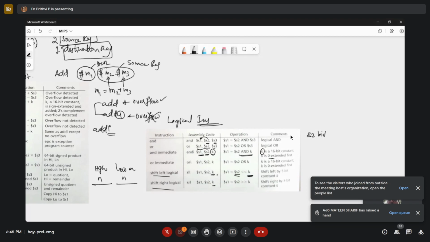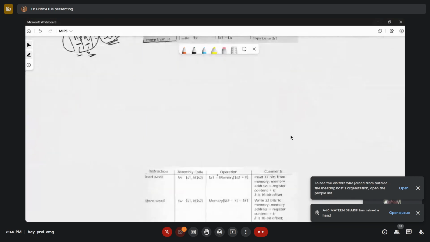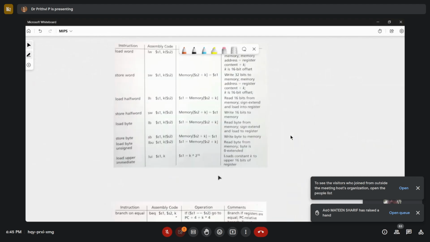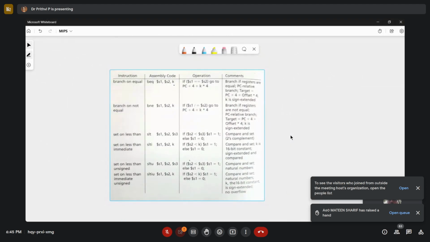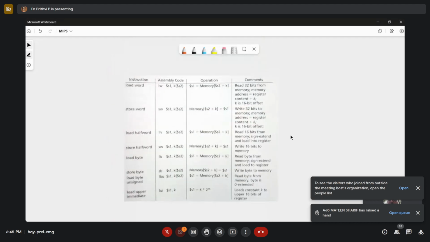And the other instructions in MIPS are these. If you have the load instruction and store instruction, I said, no? What is this load instruction mentioning? See here.